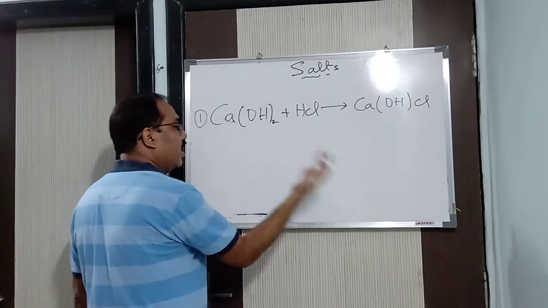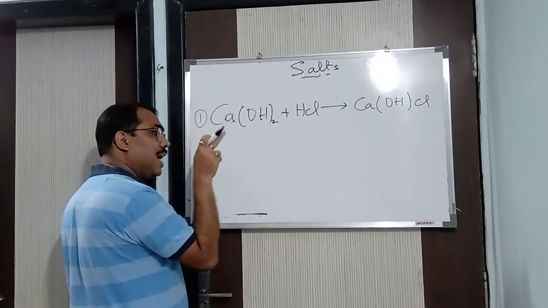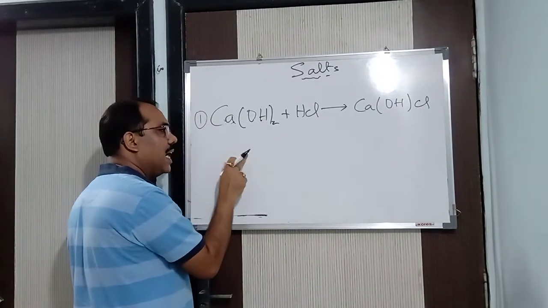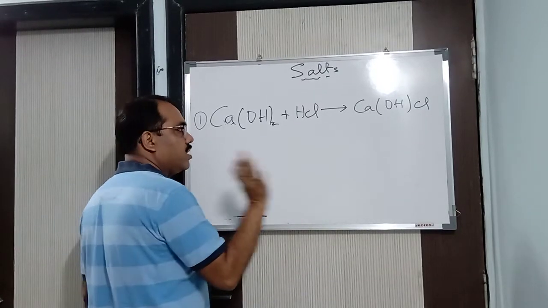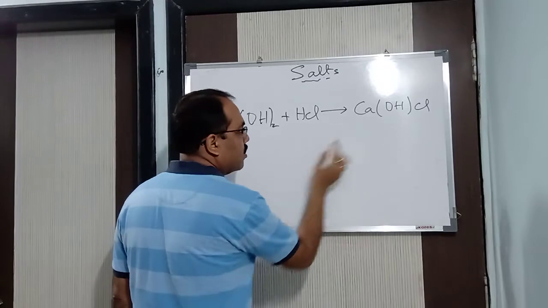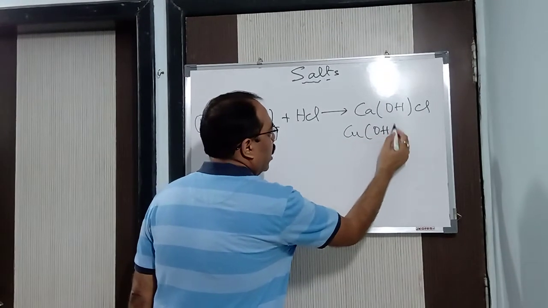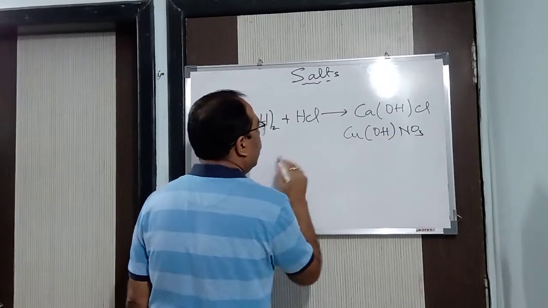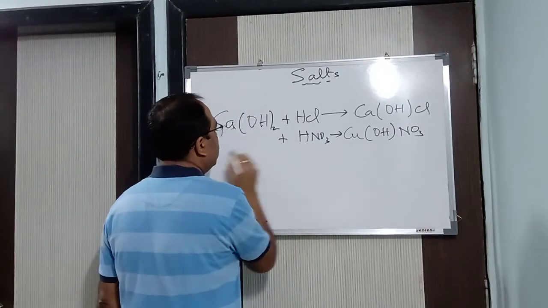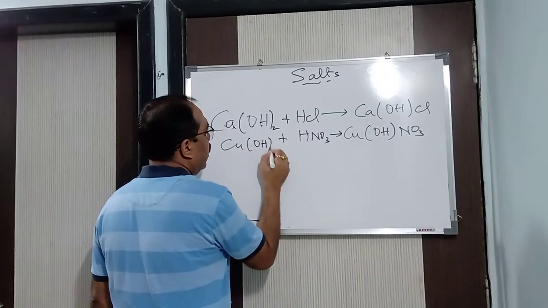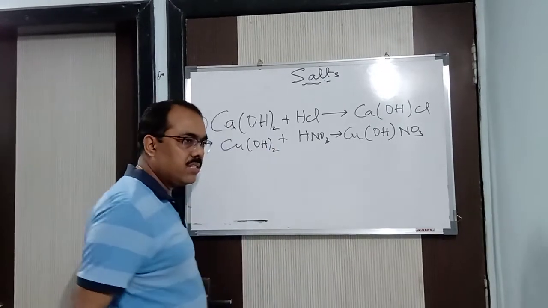Remember that, partially replaced by an acid, of a diacidic base or a triacidic base. I think you got it, all of you. This is an example of basic salt, CuOHNO3. How will I get it? HNO3, I said, plus copper hydroxide. Let me write the reaction. This is a basic salt.